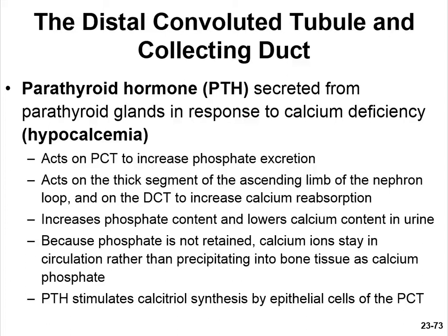It increases the phosphate content and lowers the calcium content in urine. So when you lose more phosphate in urine, calcium ions stay in circulation instead of joining up with those phosphates to create bone tissue. And PTH also stimulates calcitriol synthesis by those epithelial cells of the proximal convoluted tubule.